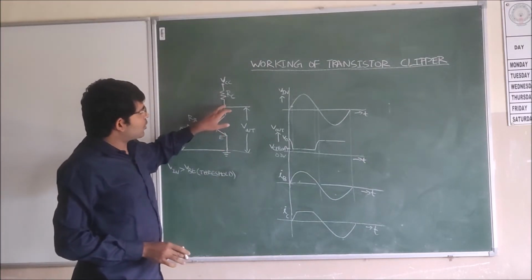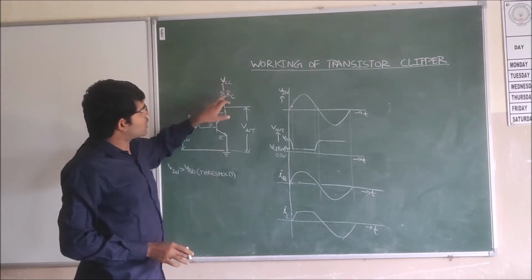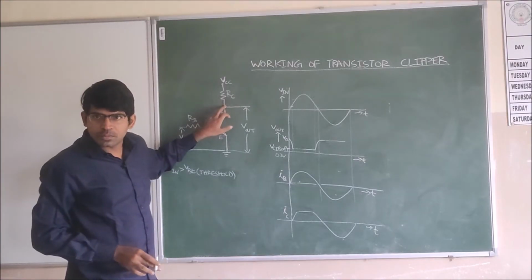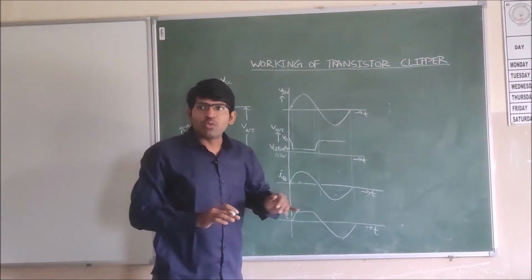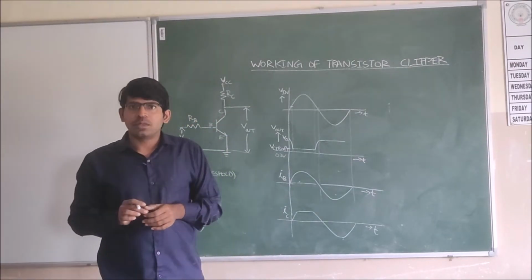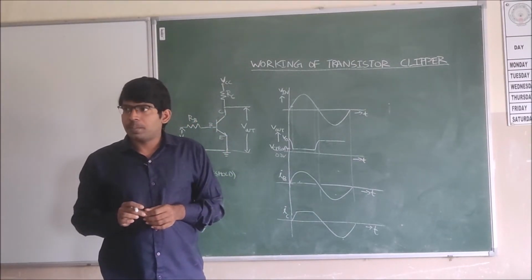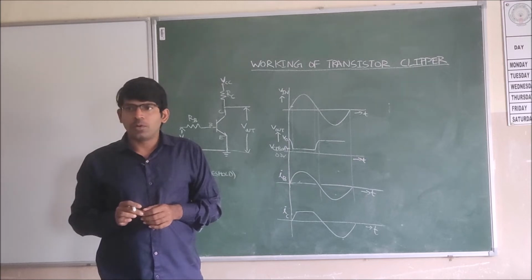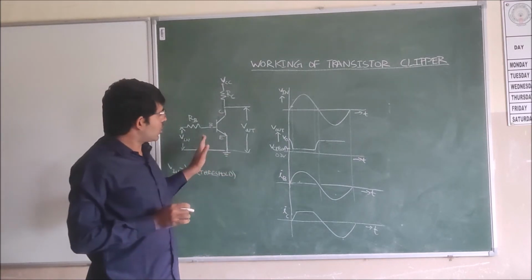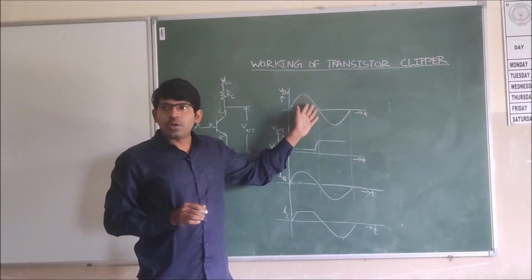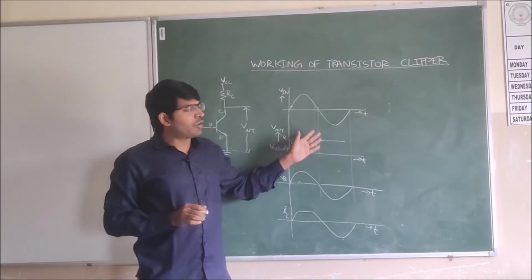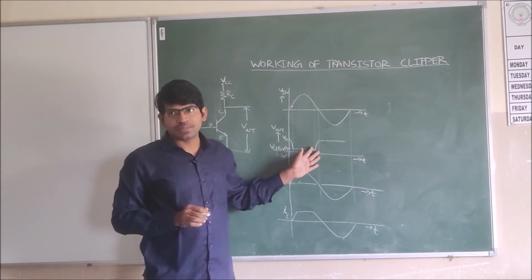Whatever voltage comes at this collector terminal is because of VCC. So during the negative half cycle, you can see the complete output is VCC. This is how the input and output voltage waveforms appear.